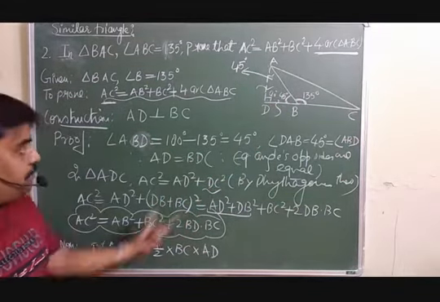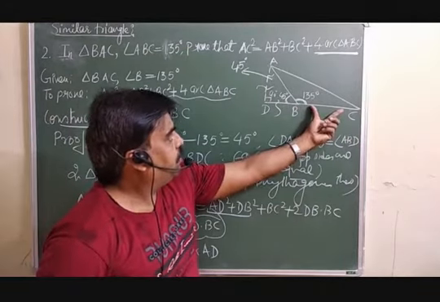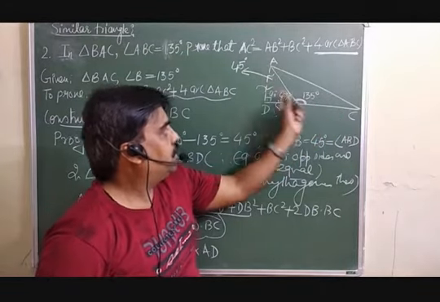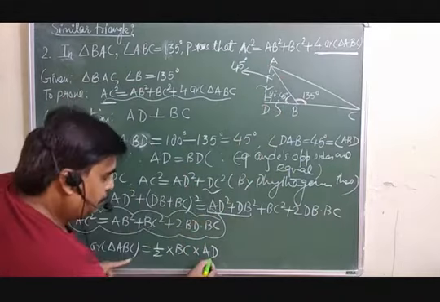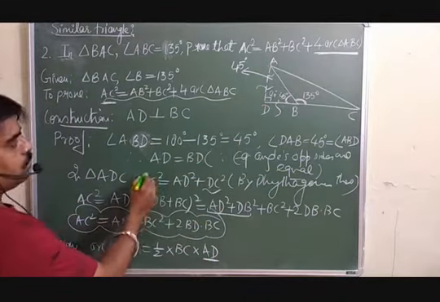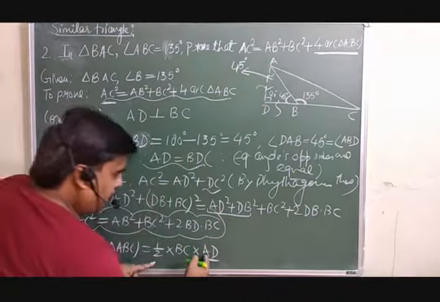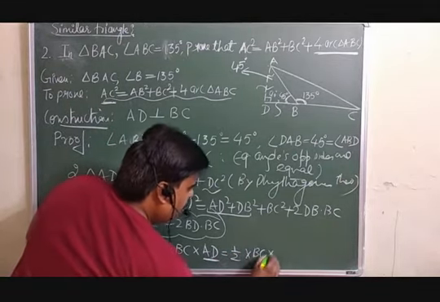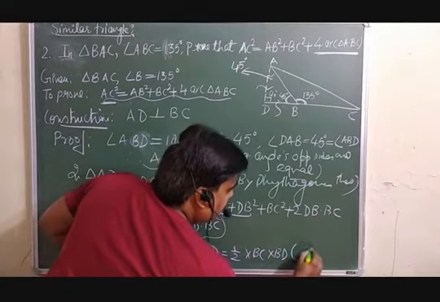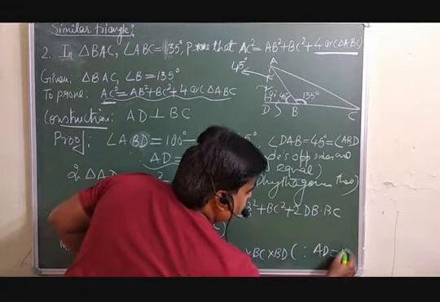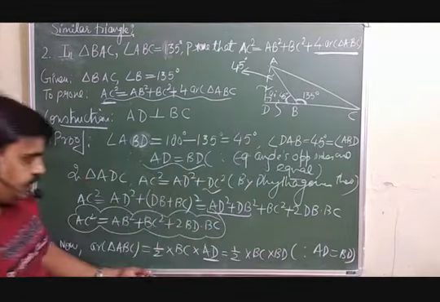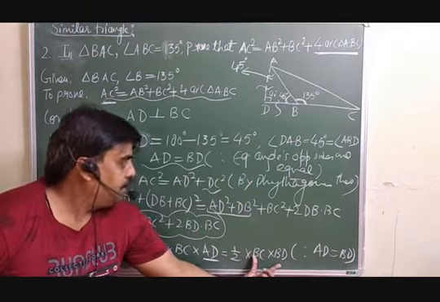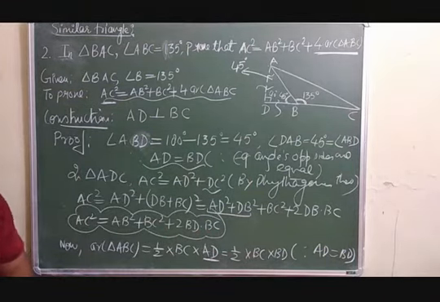So area of triangle ABC is equal to base BC, because we are finding the area of triangle ABC, so BC into perpendicular AD. But this AD is already equal to BD. So in place of this one you can add 1 by 2 into BC into BD. Reason is AD is equal to BD.